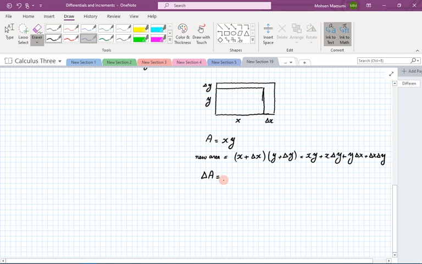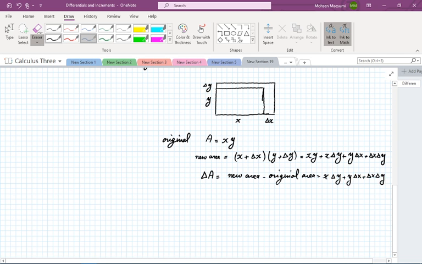If I calculate the new area minus the original area, xy and xy cancel each other out, and all I'm left with are these things: x delta y plus y delta x plus delta x delta y.